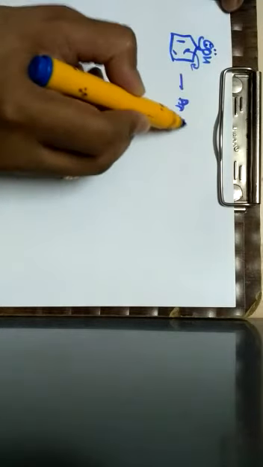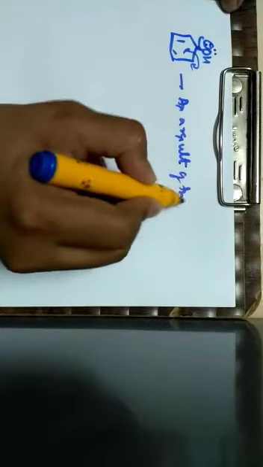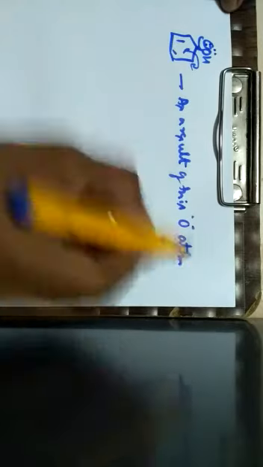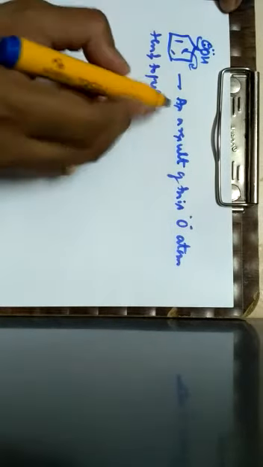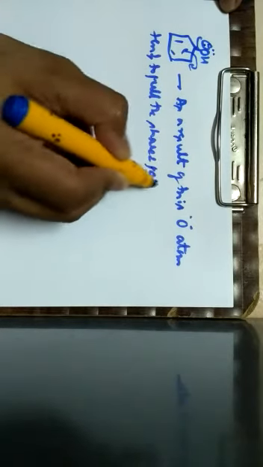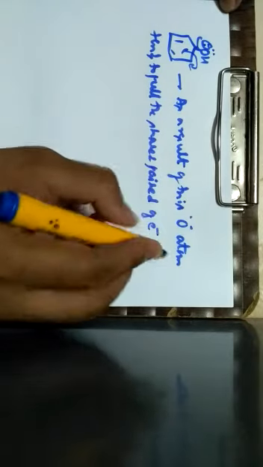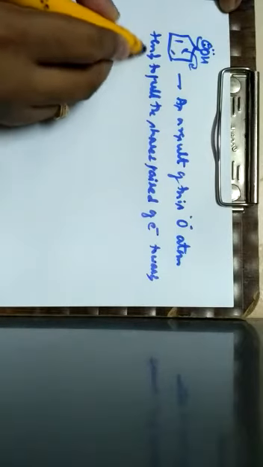So as a result of this, the oxygen atom tends to pull the shared pair of electrons towards itself.